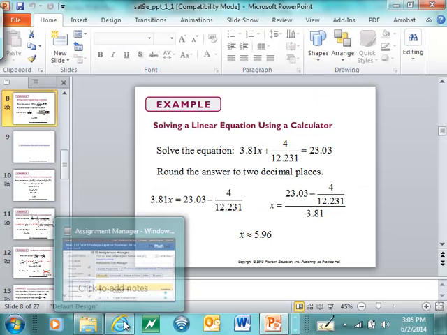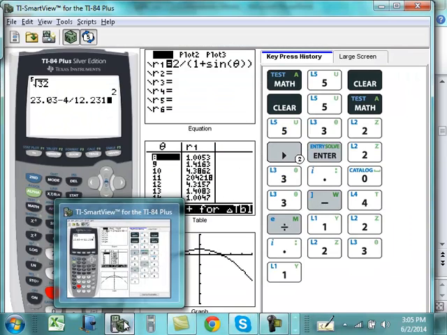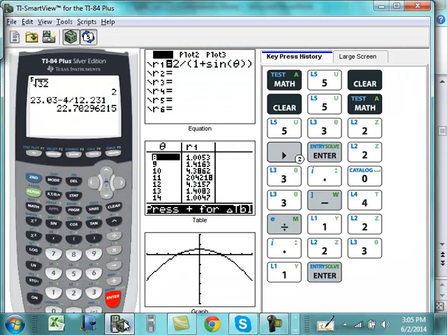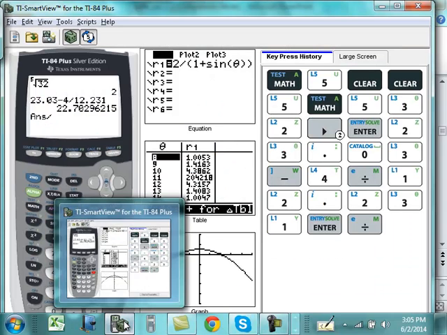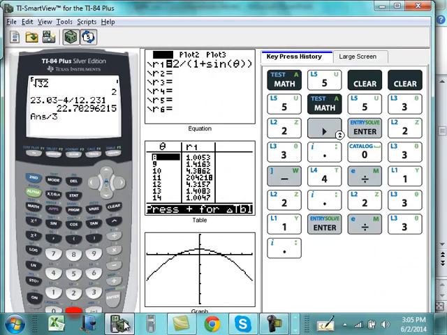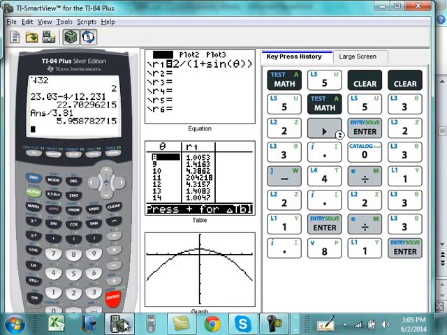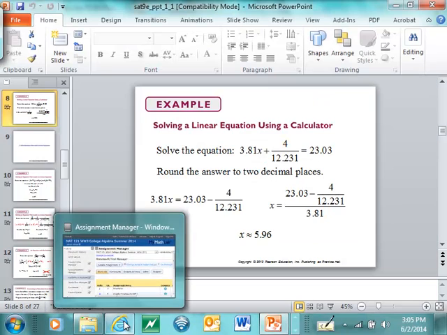Did I get it? I think so. I'm going to hit enter here, and then I'm going to divide that by 3.81, and let's see if we get the same thing. 5.96 approximately. So there we go.